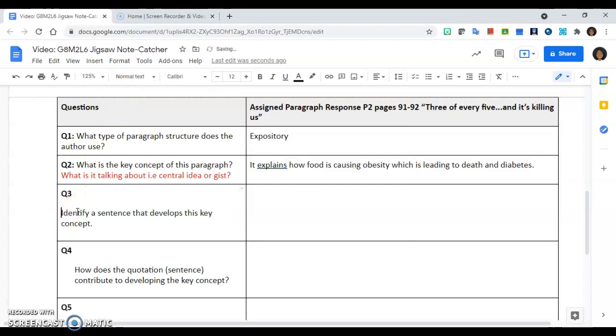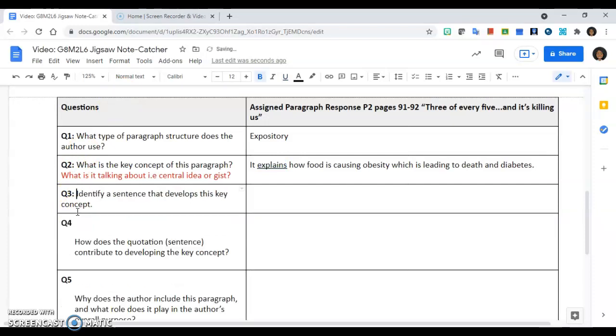And so as you keep going, question 3 asks you to identify a sentence that develops this concept. So at this point, it's not just you're telling me, oh, it explains that food is causing obesity. It explains what's leading to death or to diabetes. Now you have to go into the story and give me a little bit more.